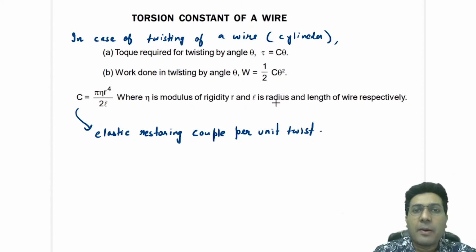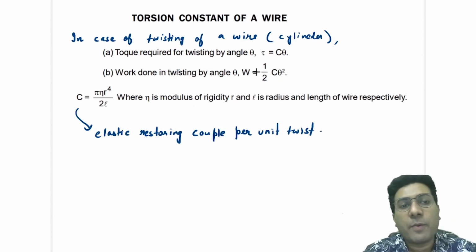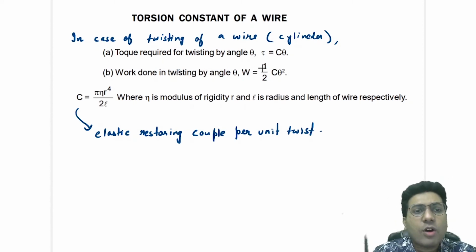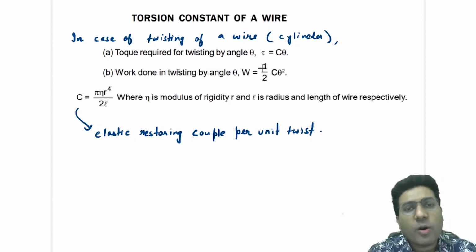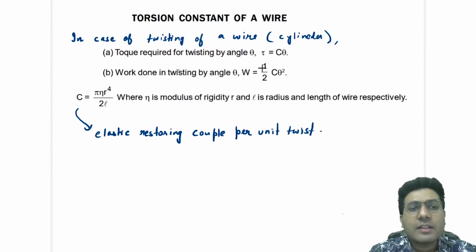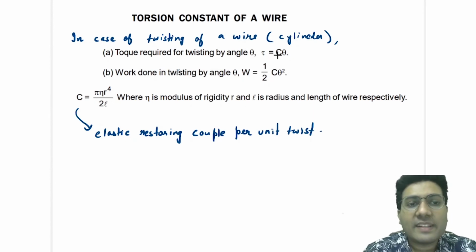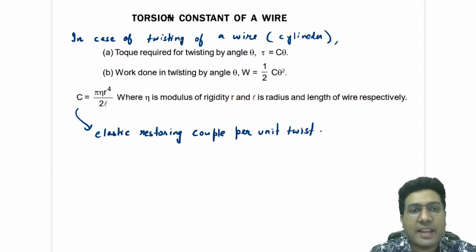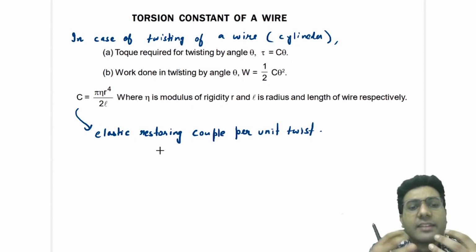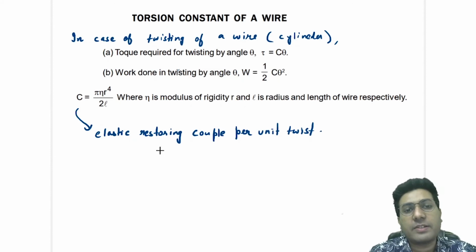Now, the torsional constant of a wire. In case of twisting of a wire or a cylinder, the torque required for twisting by an angle theta is given by tau equals c theta, where c is the torsional constant of the wire, or you can also call it the elastic restoring couple per unit twist.